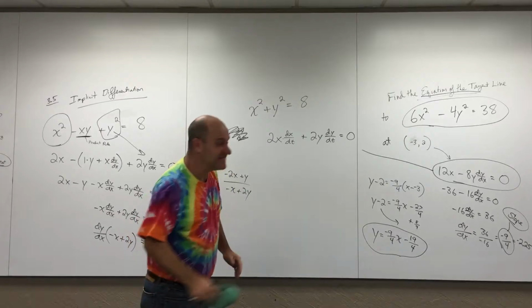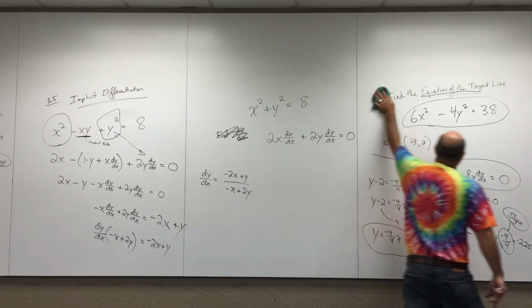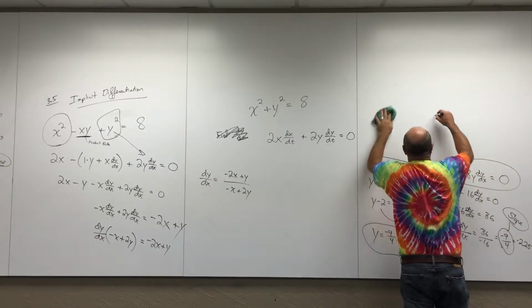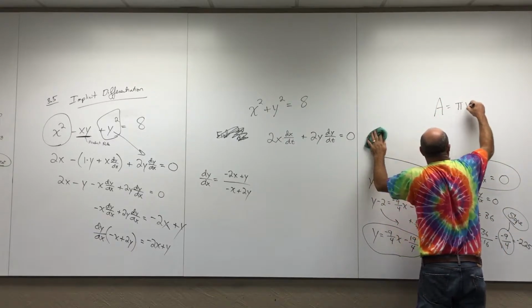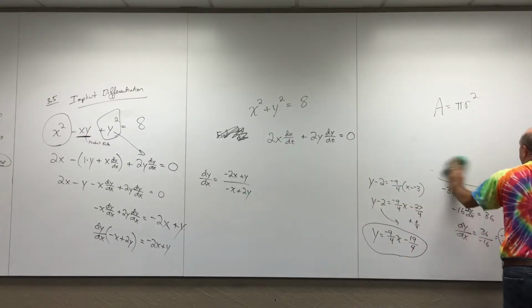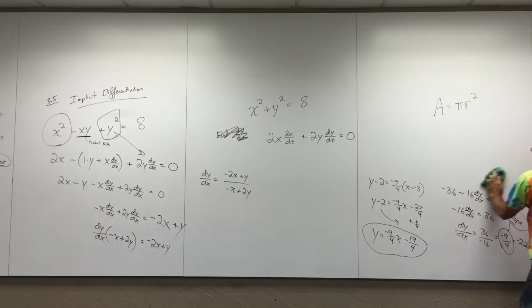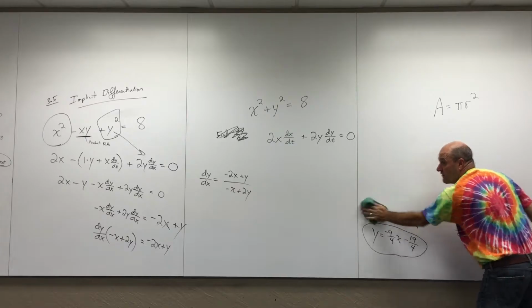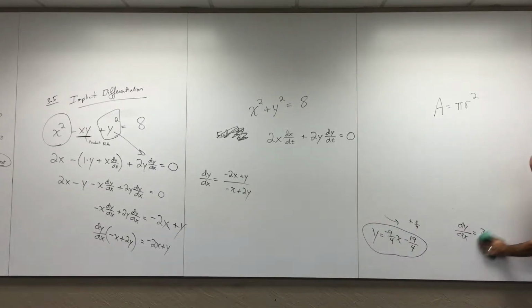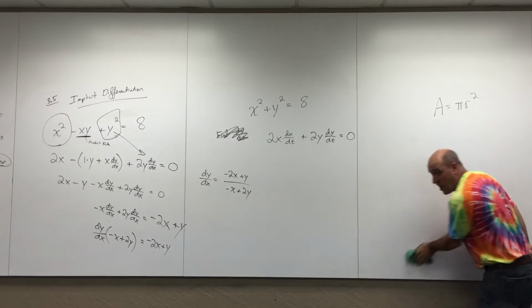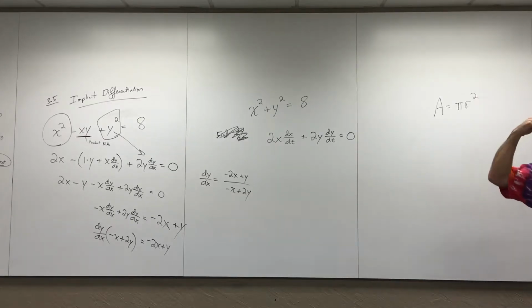Do you have a question? Look at this. This is A equals pi r squared, right? Pi is a number. Pi is not a variable. I want to do the derivative of this equation implicitly with respect to a variable that ain't even up there.